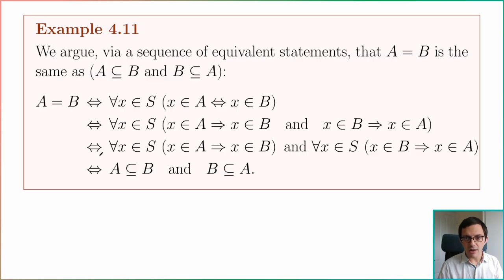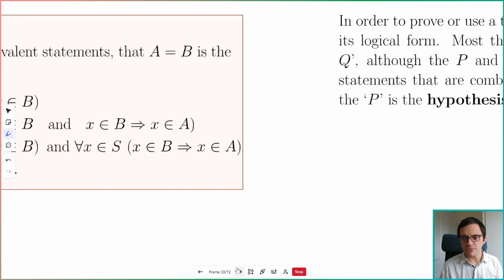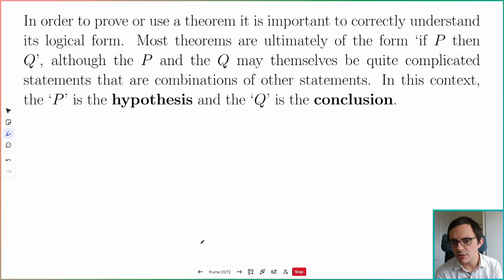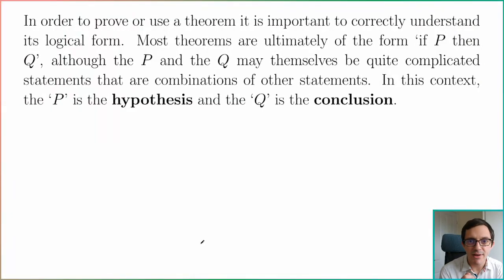Okay, right. Finally, I just want to show you some examples of hypothesis and conclusion. Lots of mathematical statements are of the form if P then Q. Fermat's last theorem, right? If x and y and z are numbers with these properties, and if n is a number with this property, then this equation has no solutions. So even very complicated maths is sometimes phrased as if P then Q. P and Q can be quite complicated statements, or combinations.